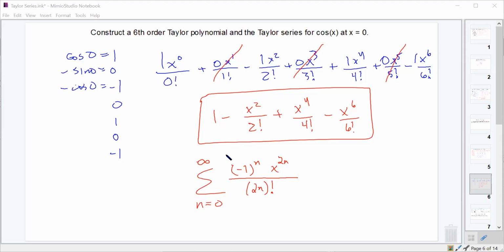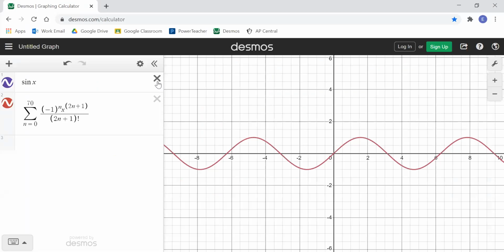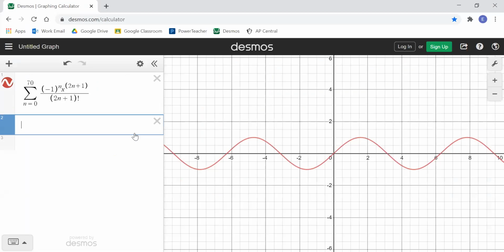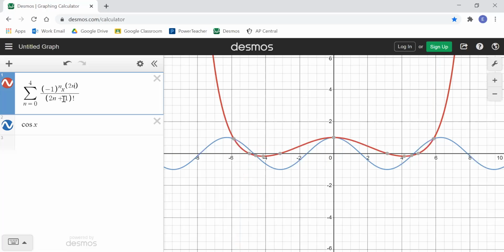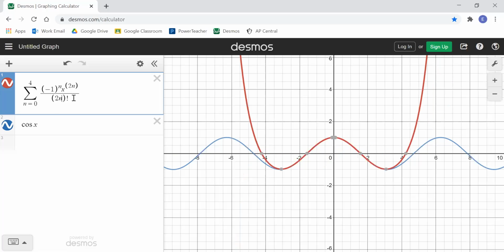All right, so there is our series. There's our 6th order Taylor polynomial. And if we were to go in and put in cosine x, all we need to do here is change that 2n plus 1 to a 2n.